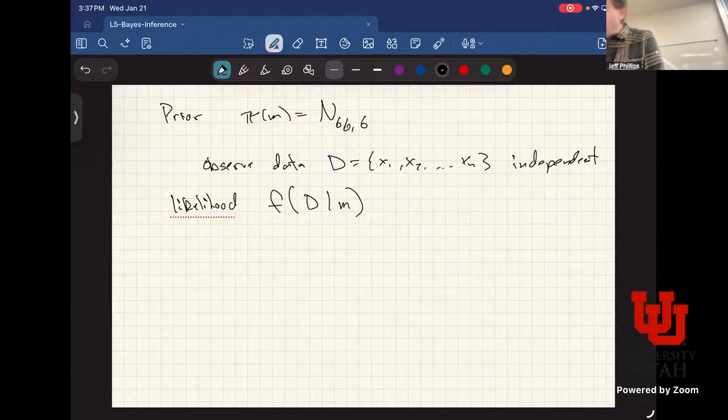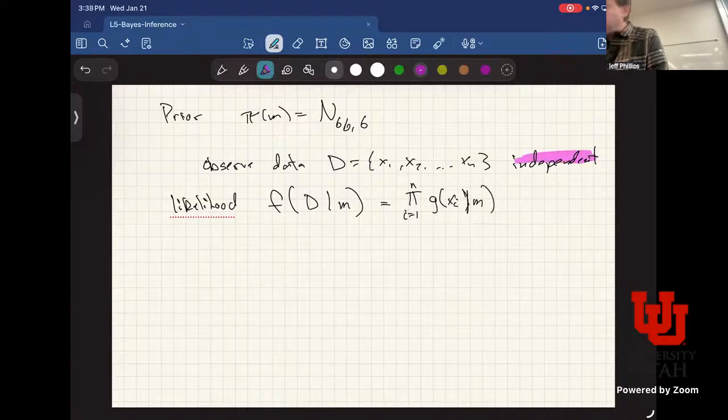I'm going to write this as the product of some function g of xi given the value m. I can do this conversion because they're independent, so I can factor this out as a product.